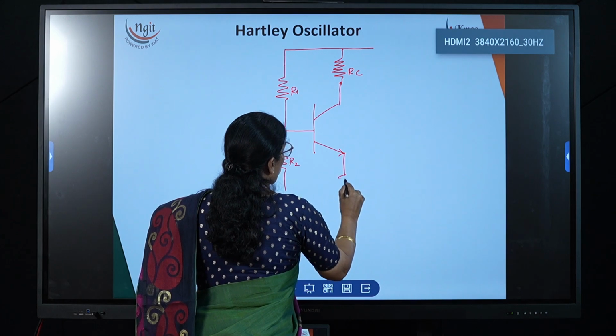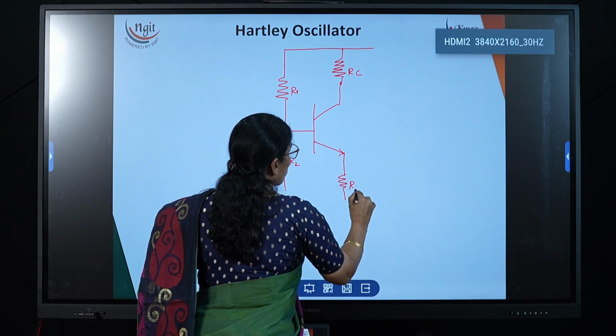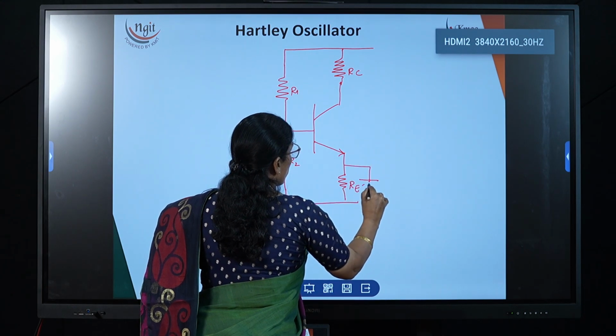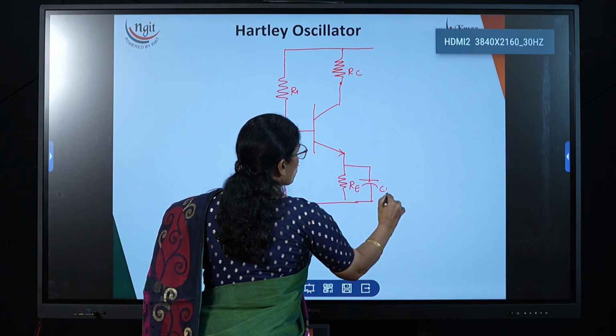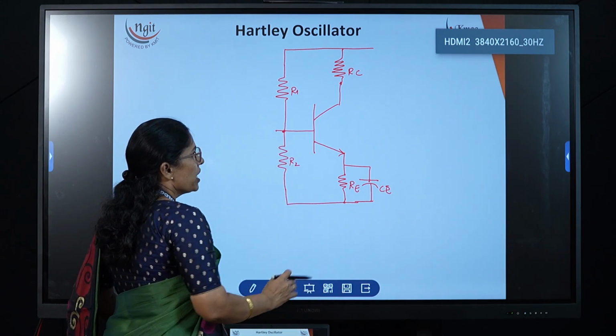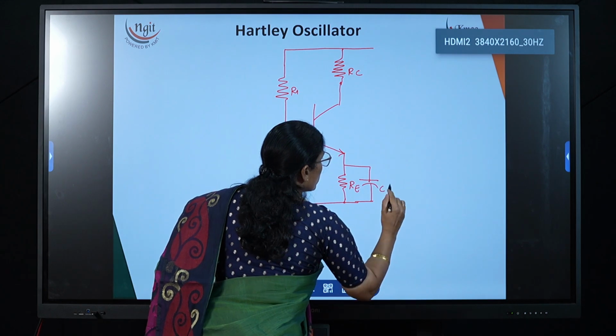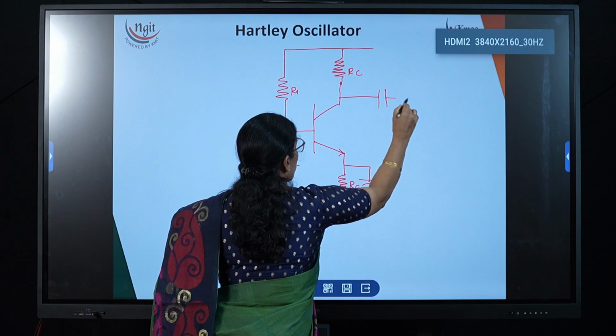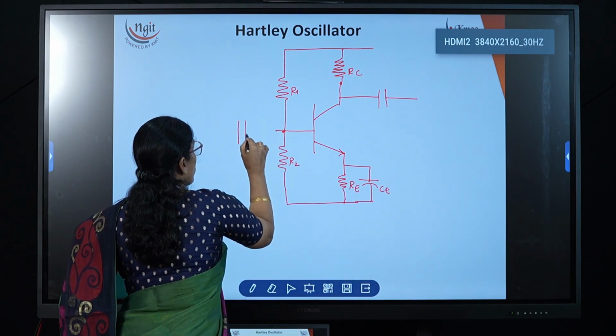Here I am using one more resistor RE for negative feedback, and across RE a bypass capacitor to bypass the AC components to the ground. I am also using a coupling capacitor, and on the input side also one coupling capacitor.